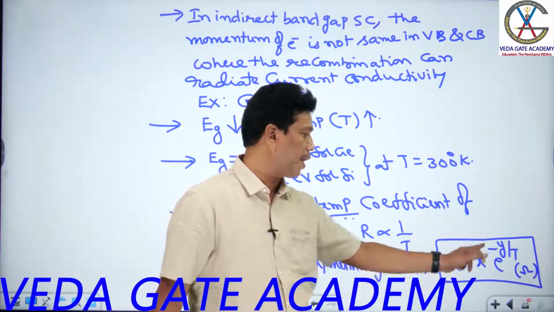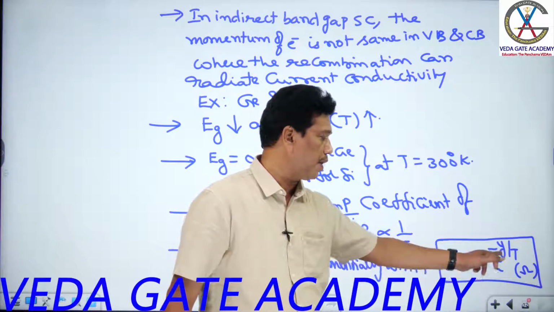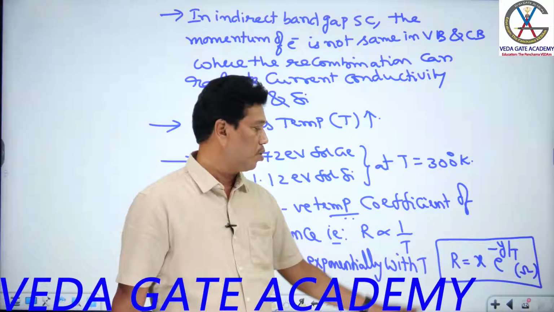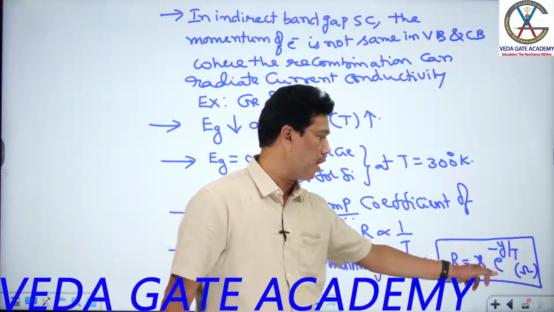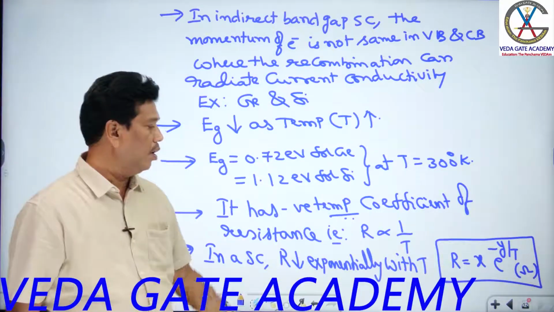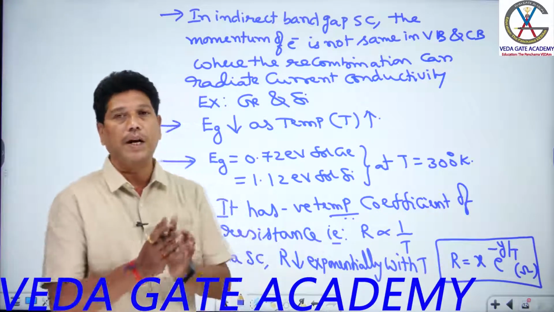Resistance of a semiconductor decreases exponentially, that is, rapidly with the temperature. Understood? So this is about semiconductors.